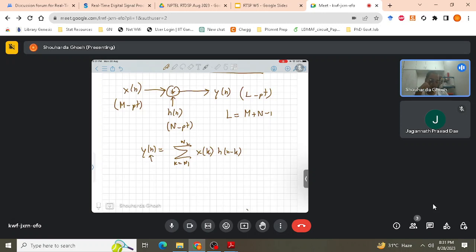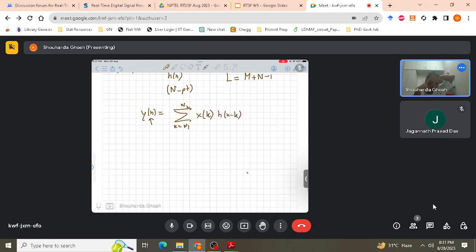One simpler method you might think of is that we know convolution in the time domain is equivalent to multiplication in the frequency domain, but we are not able to calculate X of omega and H of omega on a computer directly. What we are able to do is X of k times H of k.